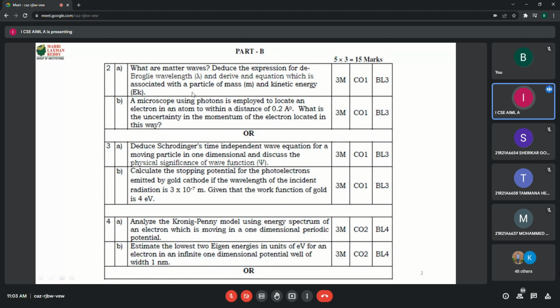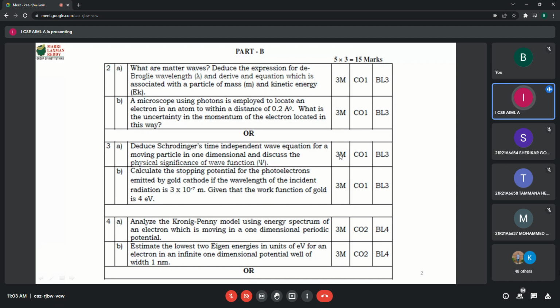Now, what are matter waves? Deduce the expression for de Broglie. So de Broglie equation and matter waves, regarding that the question was framed, and a problem is given from unit 1 again. There is internal choice: Schrodinger time independent wave equation is given, and calculate the stopping potential, which also comes under unit 1 only.